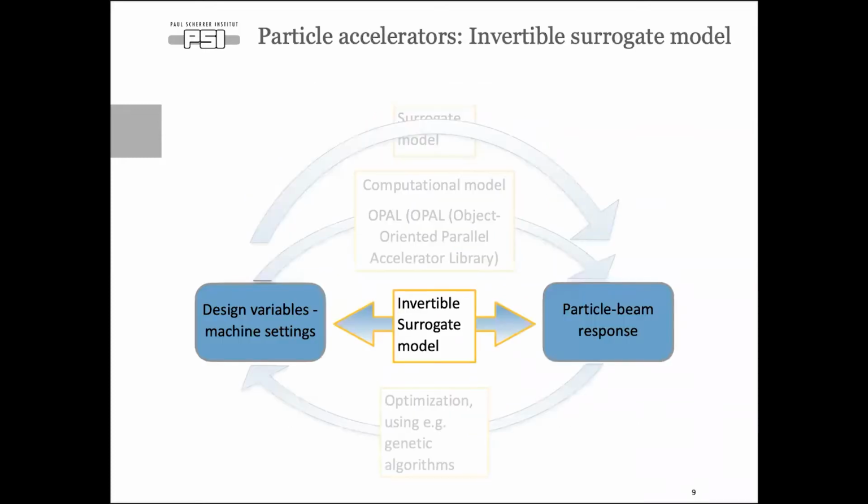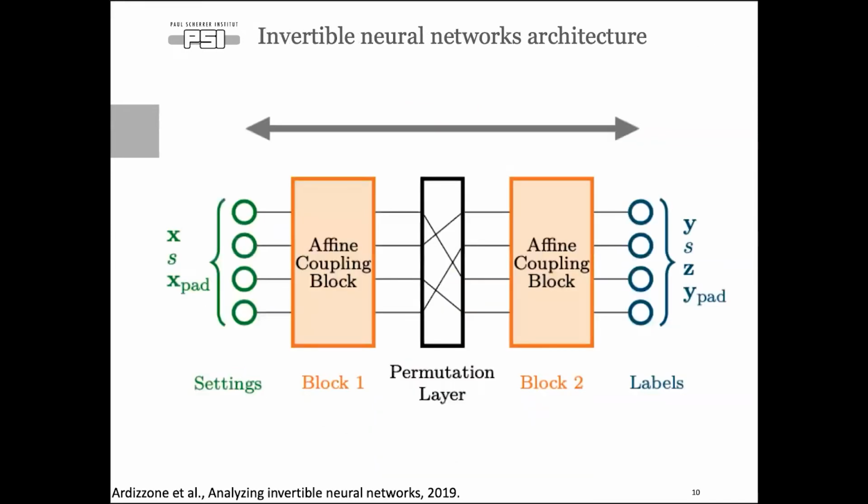And for the invertible surrogate model, we use so-called invertible neural networks that were introduced by Dinh et al. The main building blocks of those invertible neural networks are affine coupling blocks followed by some permutation layers.